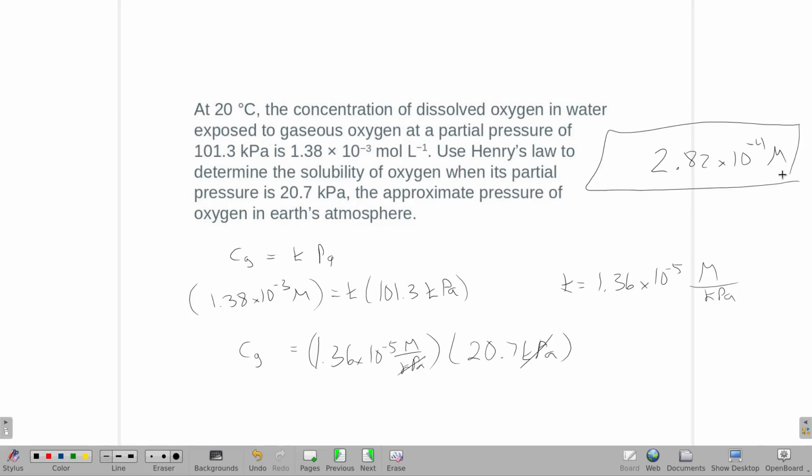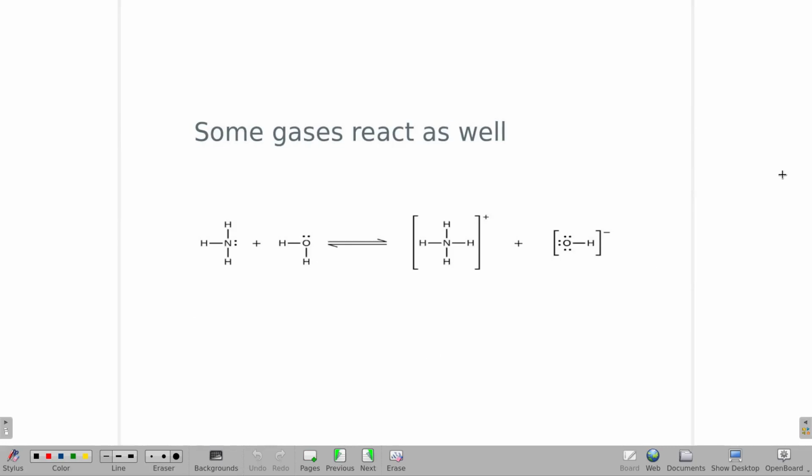Now keep in mind, if it changes temperature at all, Henry's law as we see it here won't work. So this is a very limited use of Henry's law, at least for us. Other gases do this. Ammonia actually dissolves in water quite easily because it reacts. So the Henry's law for ammonia varies based on what other things are in the water and what the pH of the actual water is.